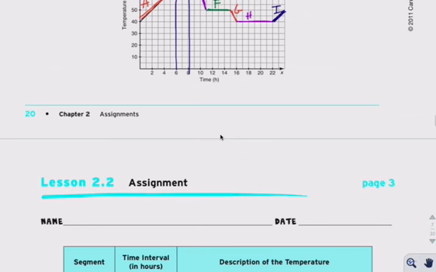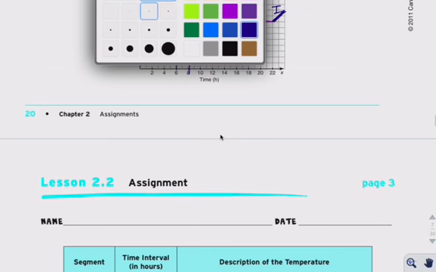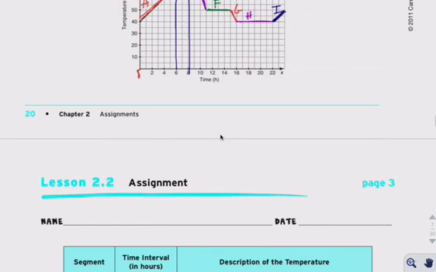I erased this, I shouldn't have erased everything, sorry. So 8, 9, 10, 11, 12, 1, 2, 3, 4, 5, 6, 7, 8, 9, 10, 11, 12, midnight, 1 in the morning, 2, 3, 4, 5, 6, 7, 8.